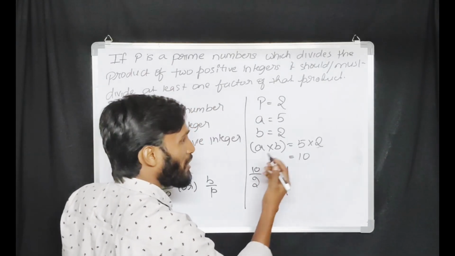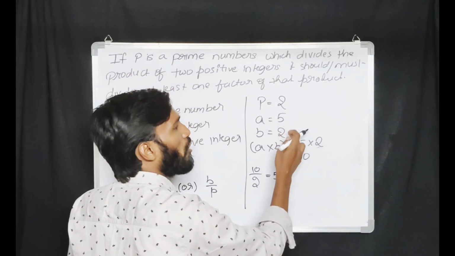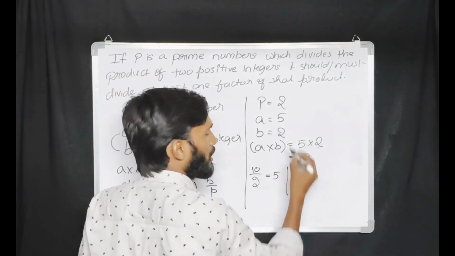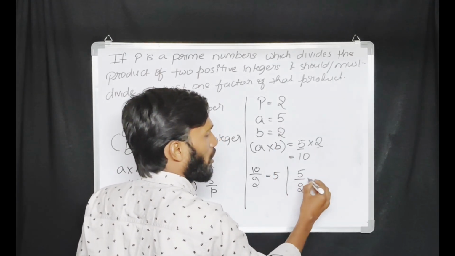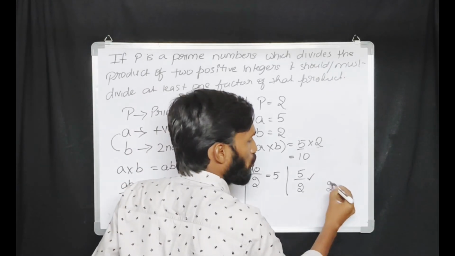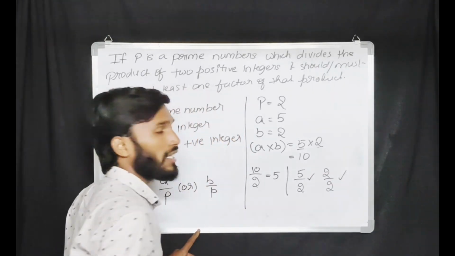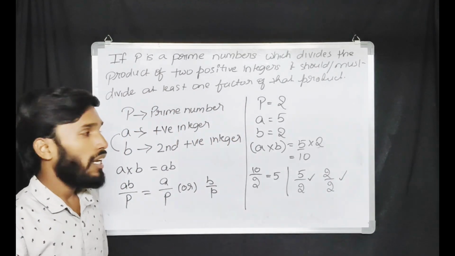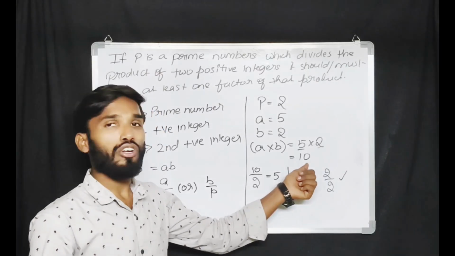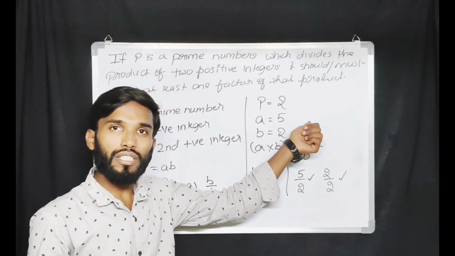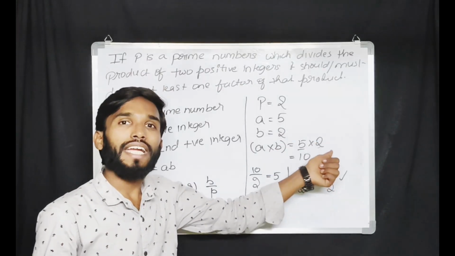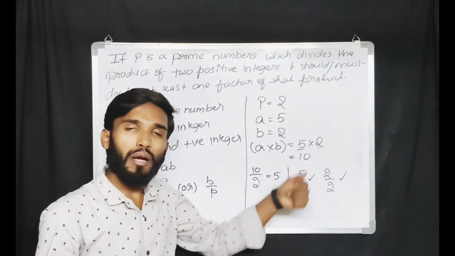Then it should divide at least one of the factors. Here the prime number is 2. What is the first factor? 5. 5 will not. Next, 2 by 2. That means when the product of two positive integers is divided by a prime number, then it should divide at least one factor of that product.